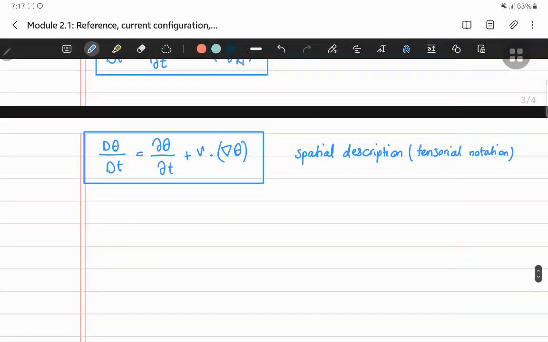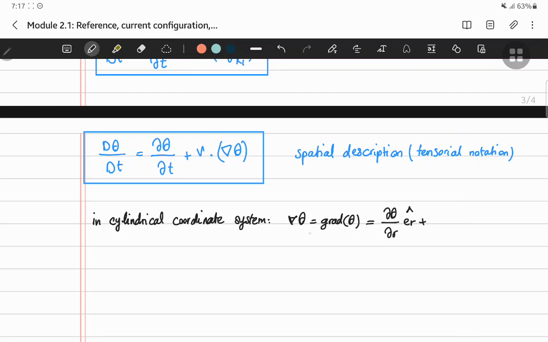For example, if you recall, in the cylindrical coordinate system, del theta, which was the gradient of a scalar field like theta, was the partial derivative of theta with respect to r, e_r, plus, because we know that the gradient will increase the order, so if we have a scalar then you get a vector, plus 1 over r partial derivative of theta with respect to capital theta, e_theta, plus the partial derivative of theta with respect to z, e_z.